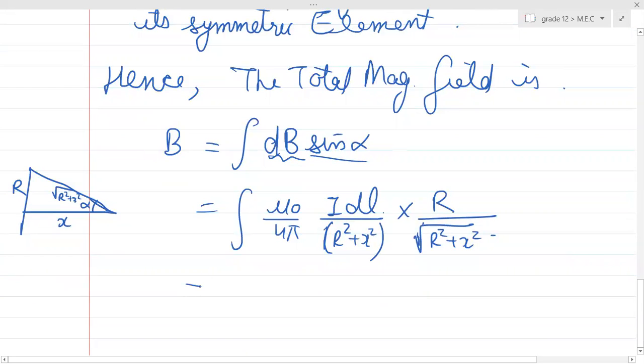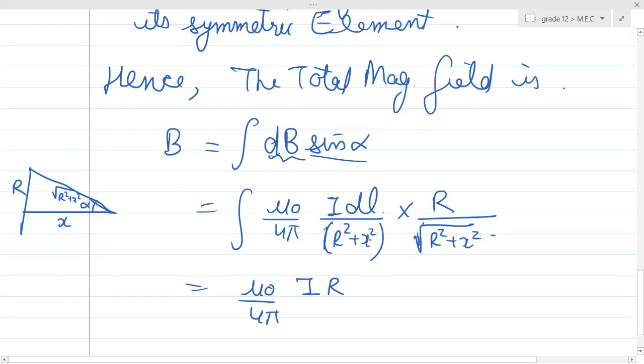So can you see from here, mu naught by 4 pi, a constant, will come out. I, the current, was constant in the loop, right? So I will be constant now. The radius of the loop was constant, so even r will be constant and will come out. The term is under root of r square into r under root of r square plus x square into under root of r square plus x square, so it will be under root of r square plus x square to the power 3 by 2.